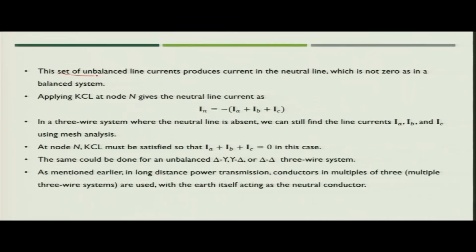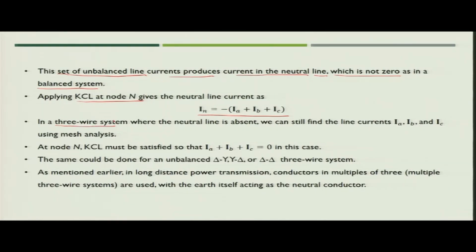Now, this set of unbalanced line currents produces current in the neutral wire, because the total sum of line currents, IA plus IB plus IC, will not be 0, which we saw in case of a balanced system. So, if we apply KCL at node n, we get the neutral current In equal to minus of (Ia plus Ib plus Ic).